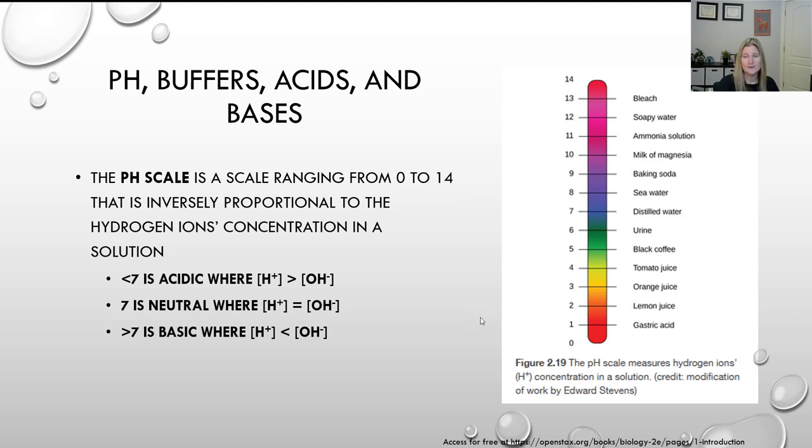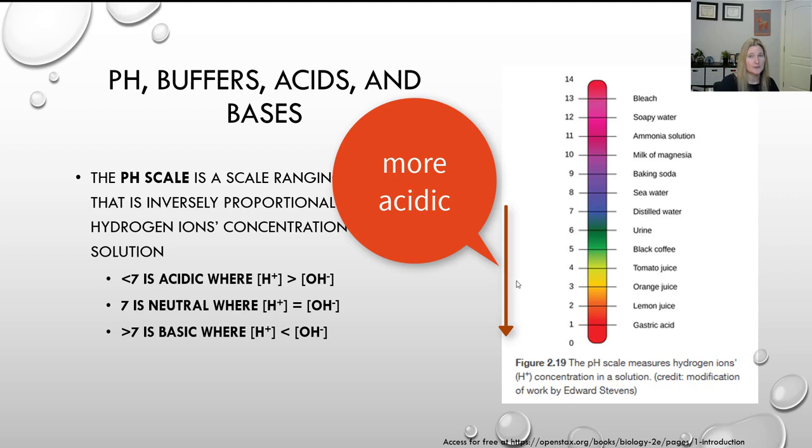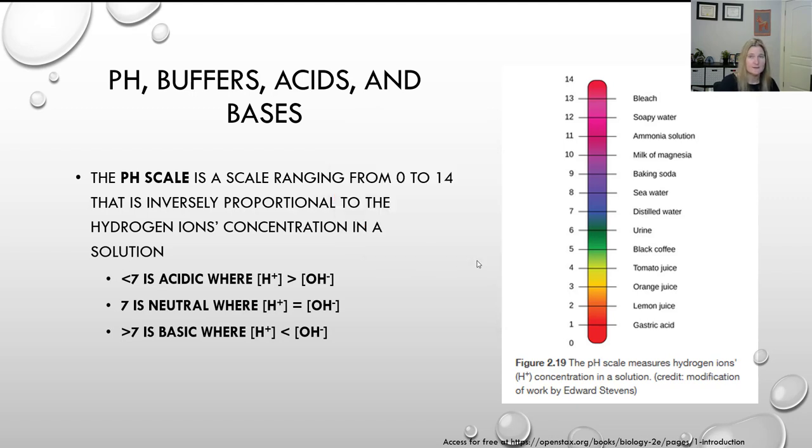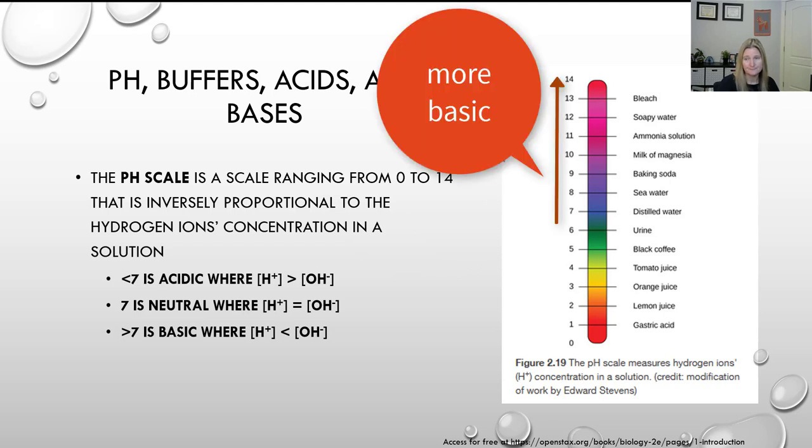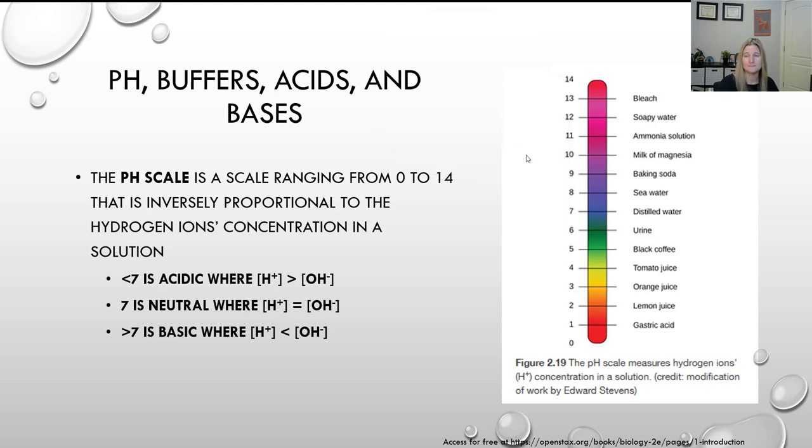So the higher the hydrogen concentration there is, the more acidic it will be, which is going to be a lower number on our pH scale. The lower the hydrogen ion concentration there is, the more basic or alkaline it will be, or the higher the number on the pH scale.